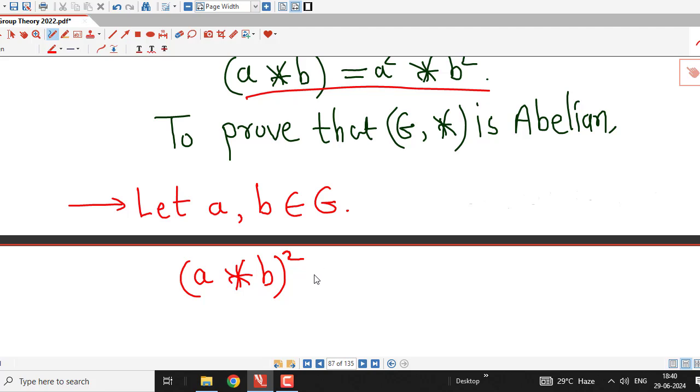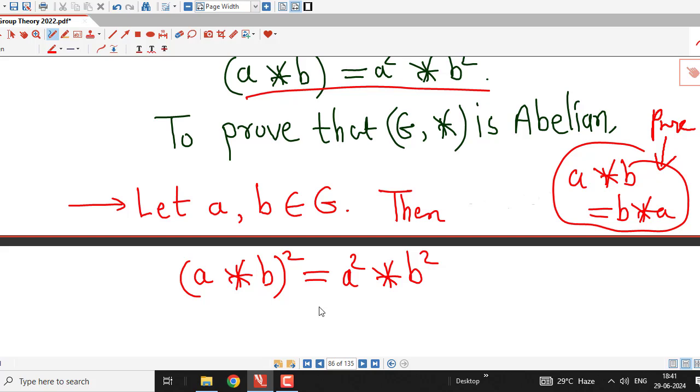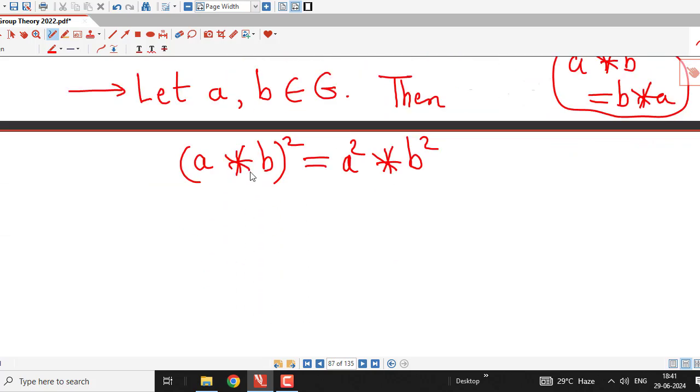First step is we are writing whatever we have assumed. We have assumed that if we take any two elements in G, then the square of A star B equals A square star B square, and we want to prove that A star B equals B star A. This we want to prove. So that we will prove from this equality only.